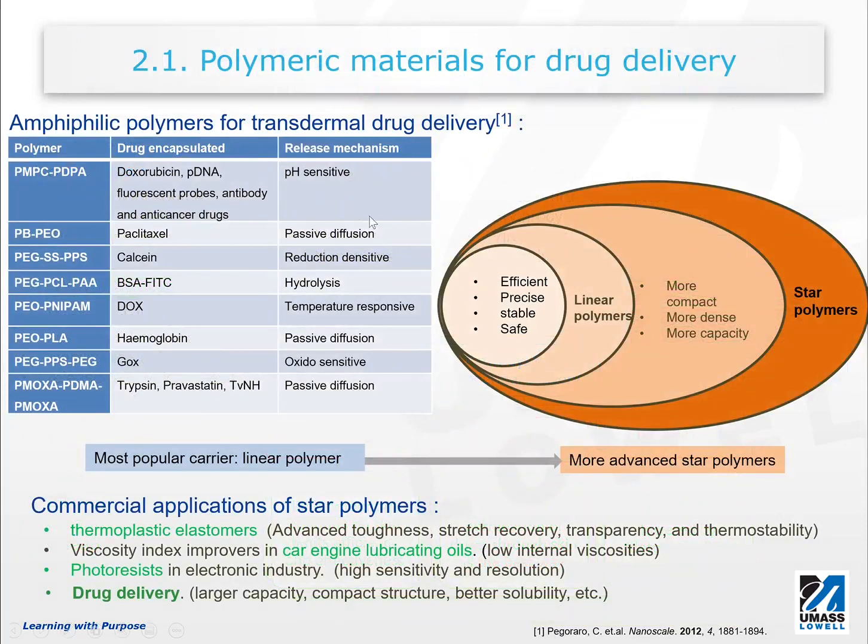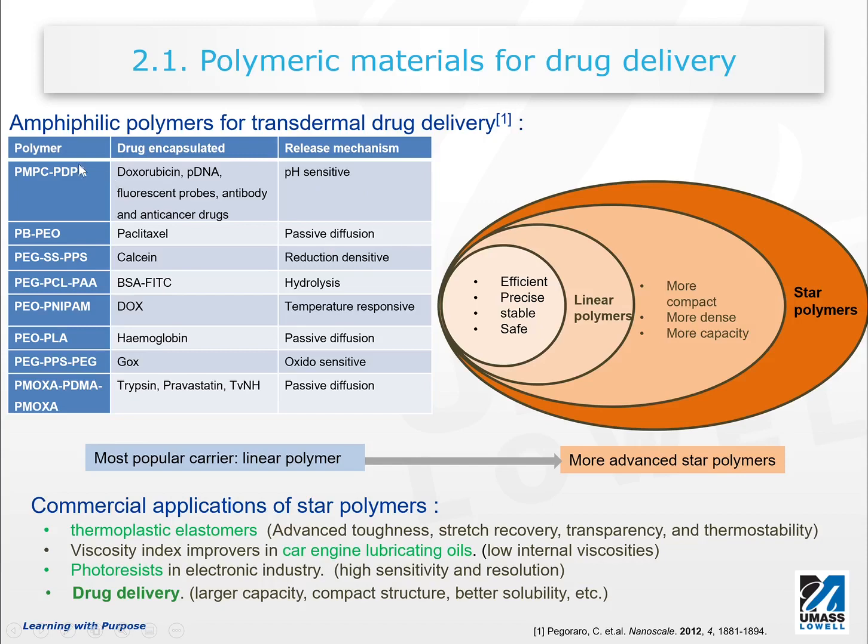And it is true that people have been using many different kinds of amphiphilic polymers to encapsulate different drugs with different releasing mechanisms for transdermal delivery. The releasing mechanisms are different and can be pH sensitive hydrolysis or passive diffusion.